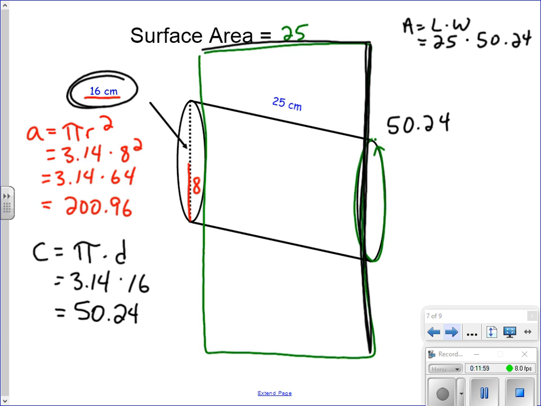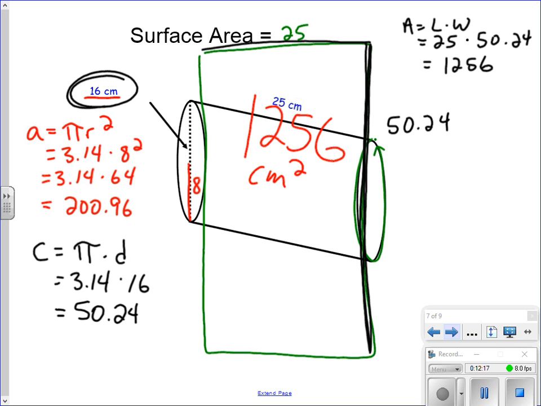So I've already got 50.24 in my calculator screen, so I'm just going to hit times by 25, and I get 1256. So the area of this is 1256 centimeters squared. That's the flat piece of paper that's rolled up.